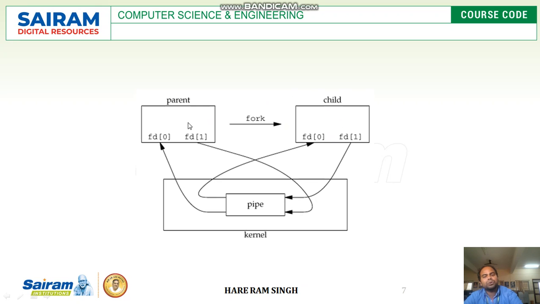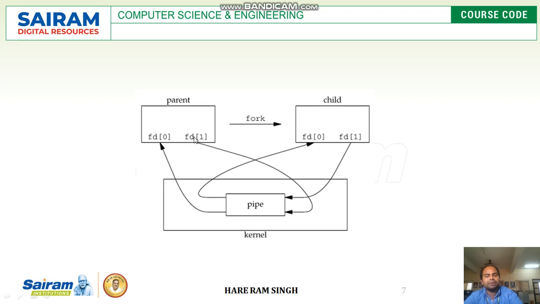Now the parent process wants to write data to the child process. So the parent process has to write the data into the pipe, and the child process will read the data from the pipe. With which file descriptor will the parent write the data into the pipe? Using fd1. So fd0 will be closed.